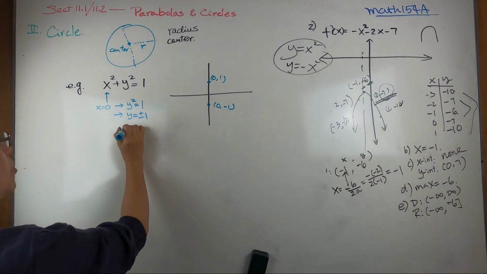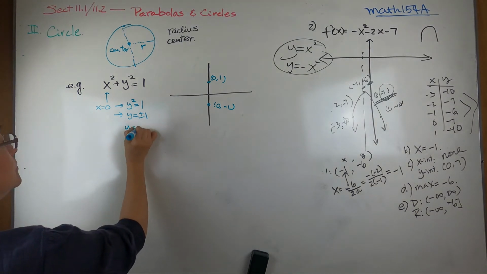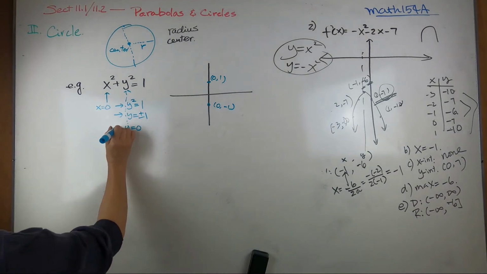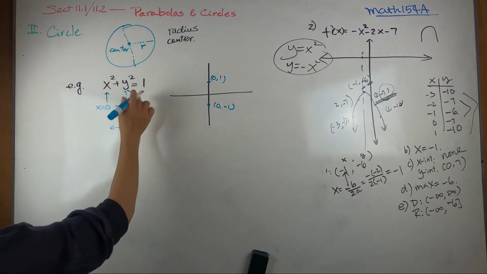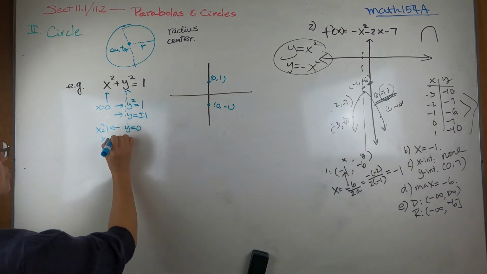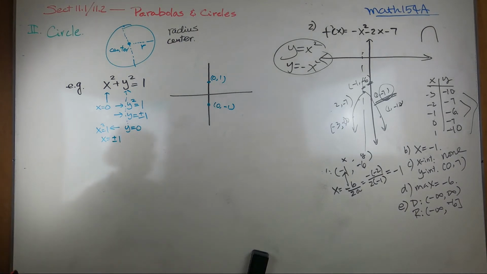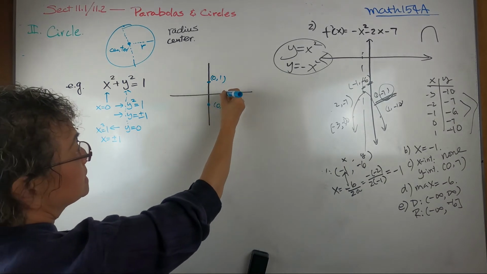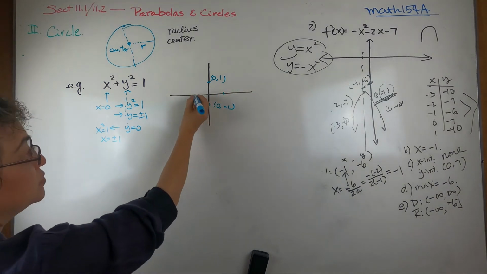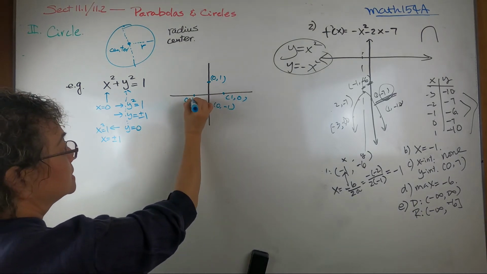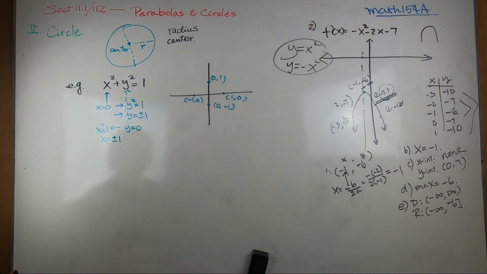Then when y is 0, what happens to x? Then you have y is 0, x squared is 1, then x equals what? Positive or negative 1, right? So when y is 0, x can be positive 1 or negative 1. So that would be (1, 0) and (negative 1, 0).